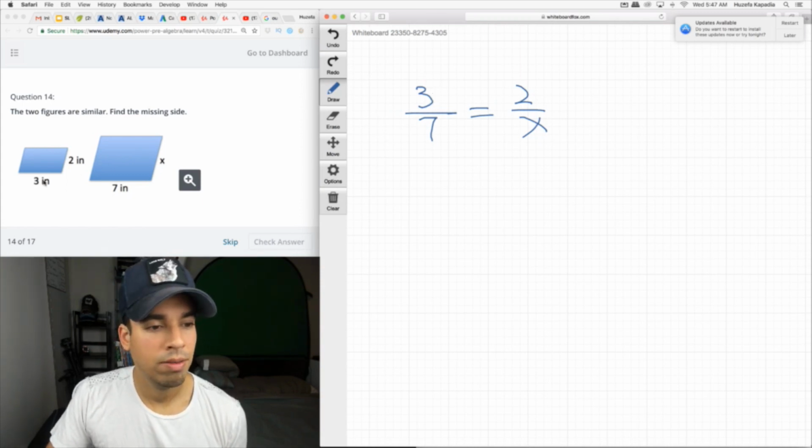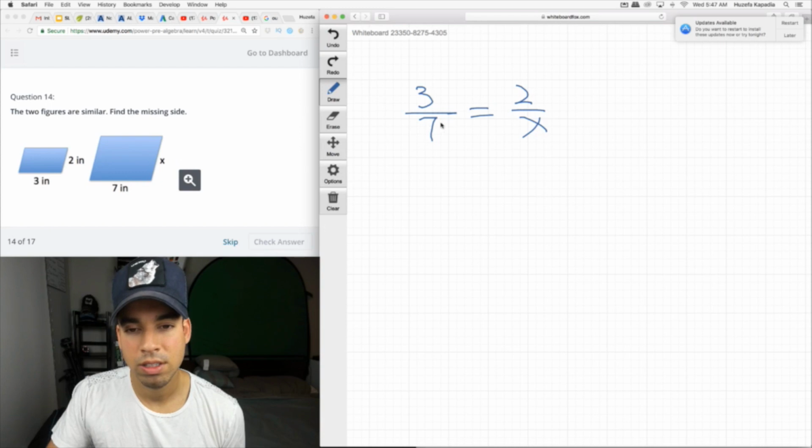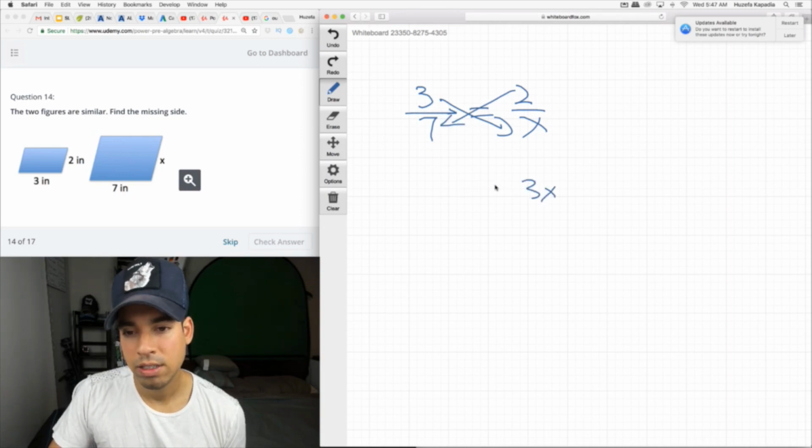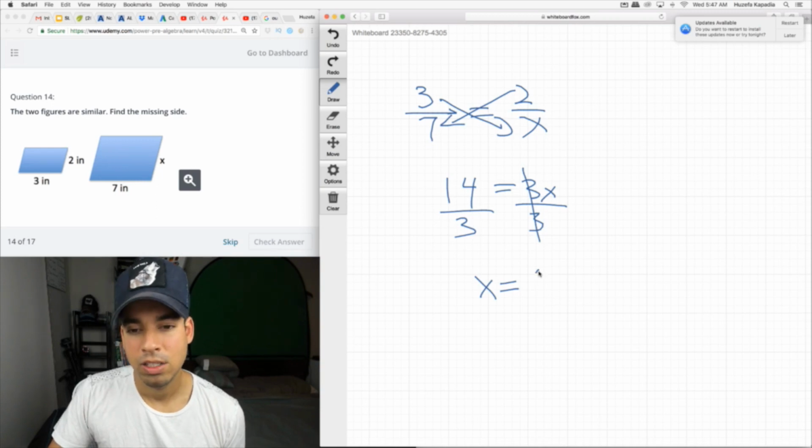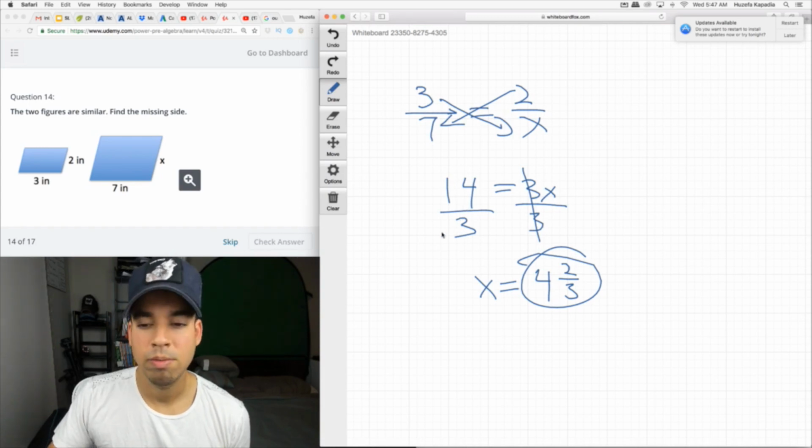You see how we have the 3 and the 2 both from the same figure on top, and the 7 and the x both from the same figure on the bottom. So there's some matching going on. And now we cross multiply. 3 times x equals 2 times 7. So 3x equals 14. Divide by 3, divide by 3. And we get x equals, if we reduce that, 4 2/3. Because 3 goes into 14 4 times with a remainder of 2.